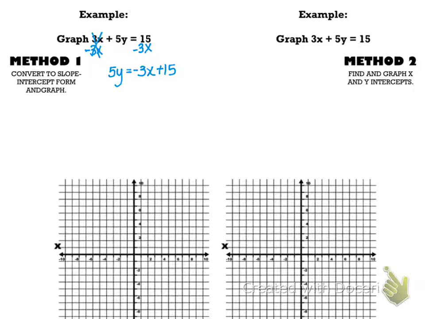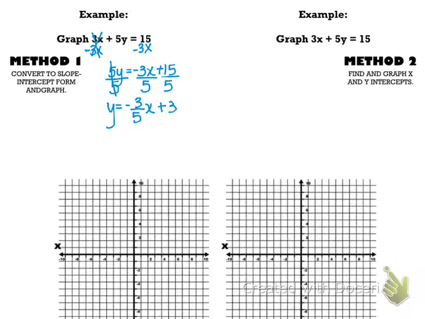Then what we do is divide everything by our b term, and that b term does not include y because we need y to stay, so that just is our 5. So notice how each part gets divided by 5. Over here, the 5's divide to give you 1, so they cancel. So we have y equals negative 3 over 5x plus 3.